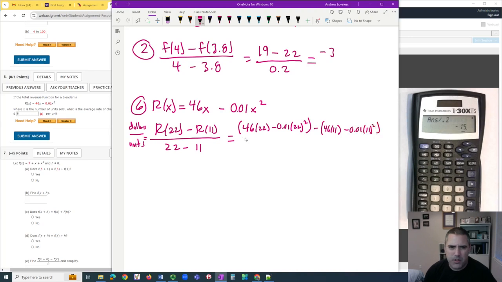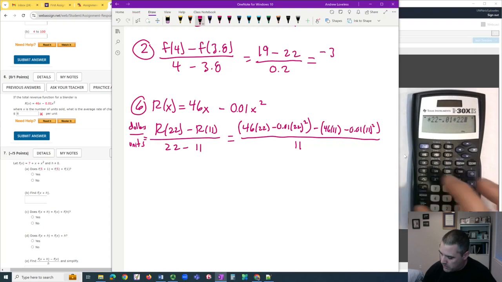And I've had many students over the years just say they can't figure that out. They can't get their calculator to plug it in. And I think the issue is they're trying to type all that in, which I would never do. Meaning I would do 46, and you could even just do that and write it out. Much easier to check, but let's do minus 0.01 times 22 squared.